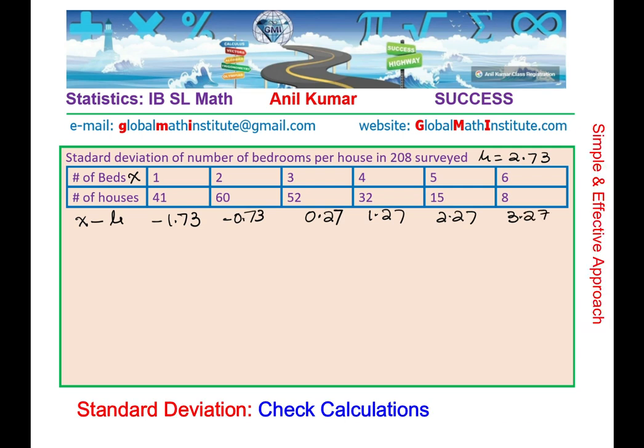Makes sense, right? So that becomes x minus mu. Now we need to find x minus mu whole squared.